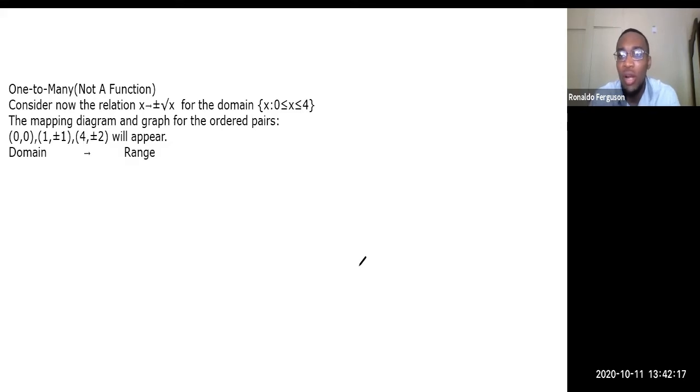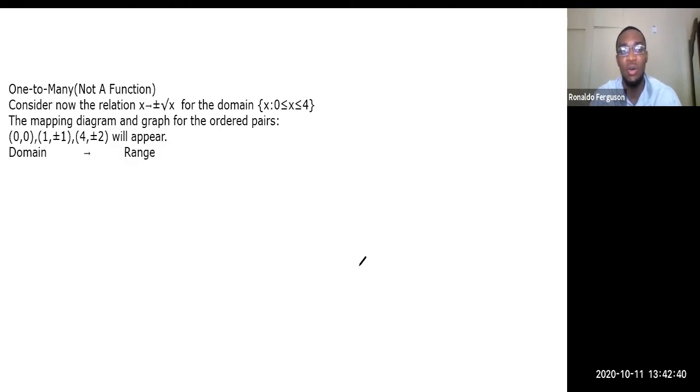If it maps to more than one thing, it automatically dissatisfies the function definition, because the function definition states each element in the domain must map only once. So if this is mapped to many things already, it can't be a function, so it's just a one-to-many relation.